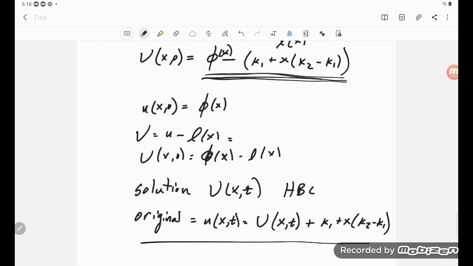So pretty straightforward, and we can do a Sage example with something like that, but there you go.